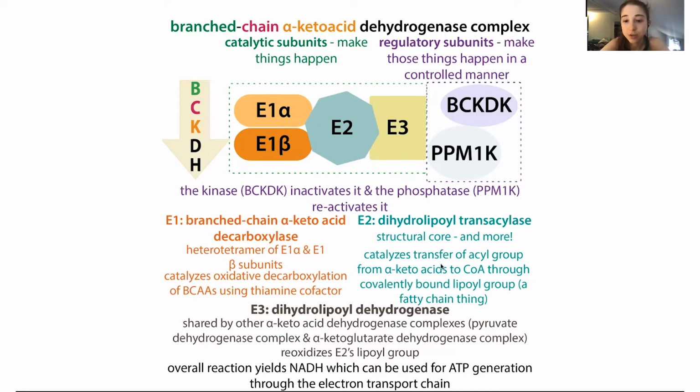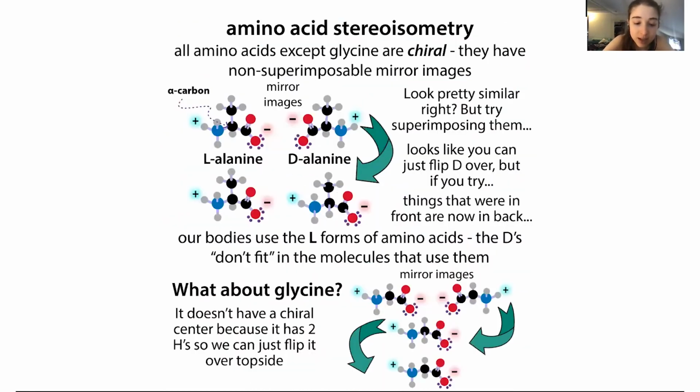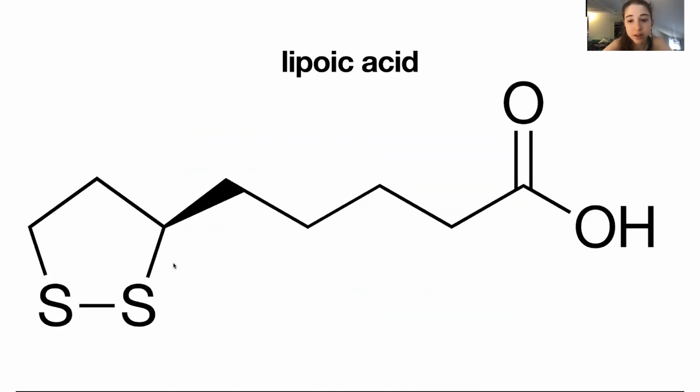It's going to catalyze the transfer of the acyl group from the alpha keto acids to coenzyme A through a covalently bound lipoyl group, which is like this fatty chain thing. Here is shown lipoic acid, but in the enzyme it's covalently linked, so permanently held in there. It has these sulfur groups. In this case, this is the oxidized form, but you can also reduce it and attach things to it.